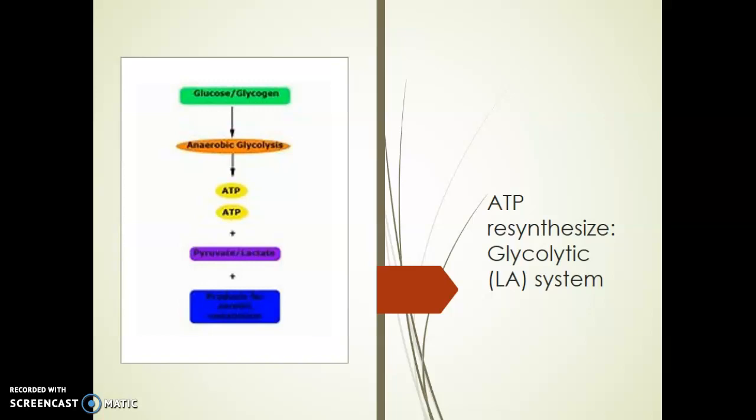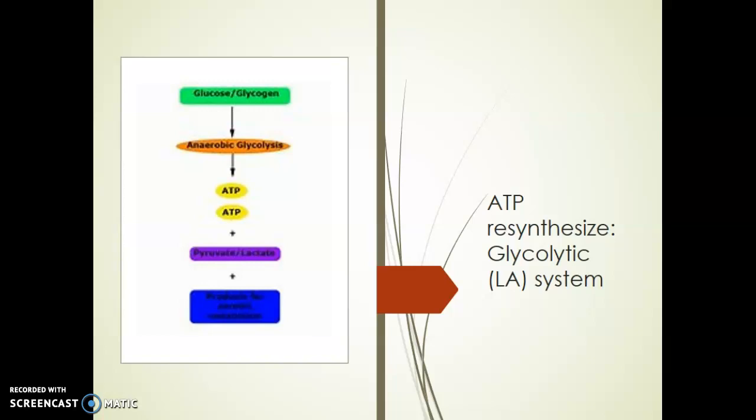Oxygen is needed for further breakdown, and this system is anaerobic. Therefore, the pyruvic acid will just break into lactic acid through the enzyme lactate dehydrogenase, where this will cause a decrease in pH, meaning an increase in acidity.